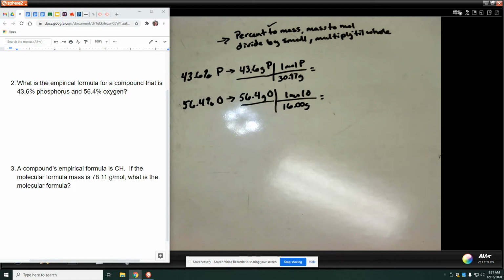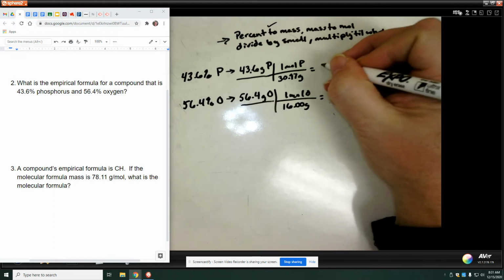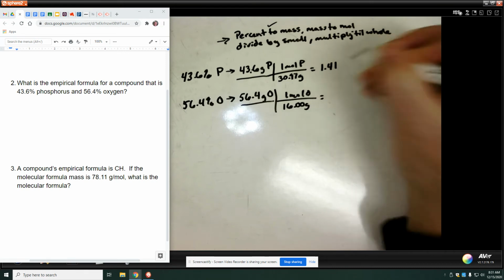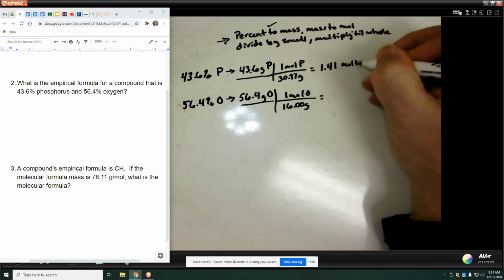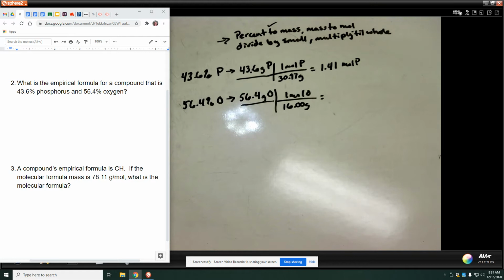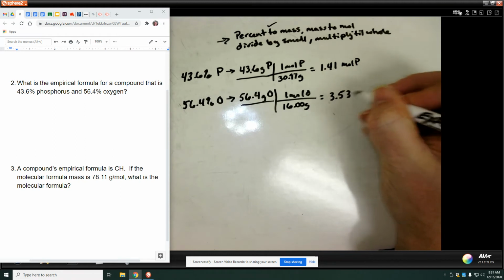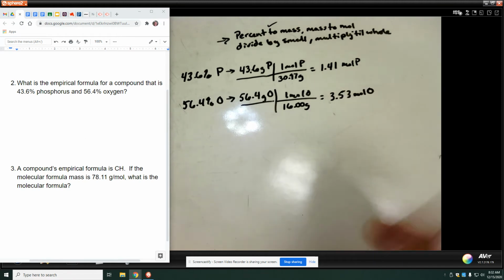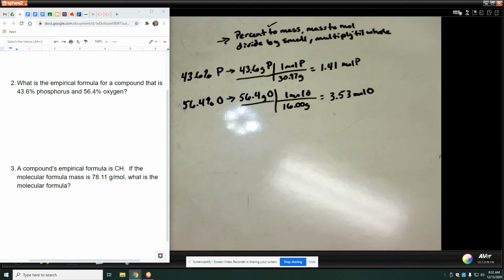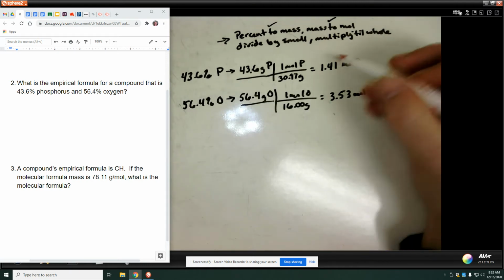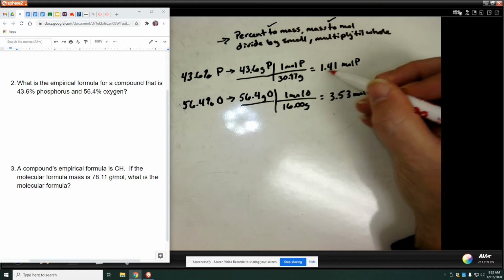Dividing by 30.97, I get 1.41 moles of phosphorus, and for the next one, 56.4 divided by 16, I get 3.53 moles of oxygen. Now I need to find the smallest number of moles I've calculated, and it's this number.